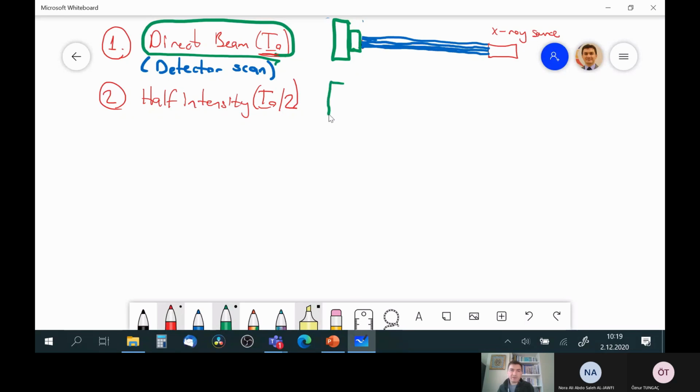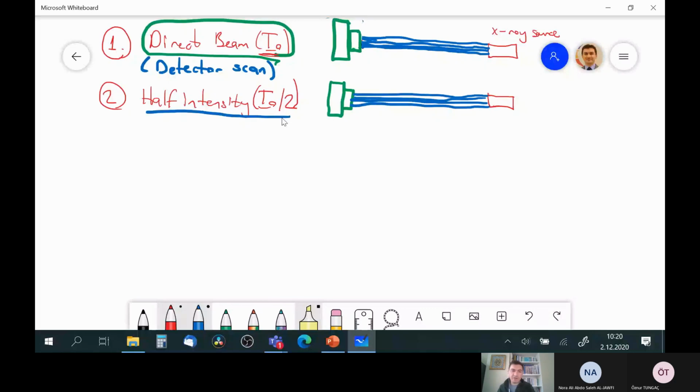Let me draw the detector again, and this is the active area of the detector. And here we have the X-ray source exactly at the same position. The produced X-ray beam goes directly to the active area of the detector. This is the direct beam, full intensity. So I need half intensity, I0 half.